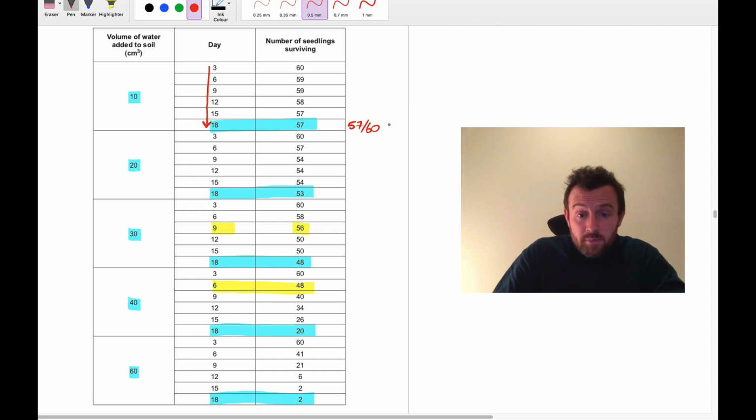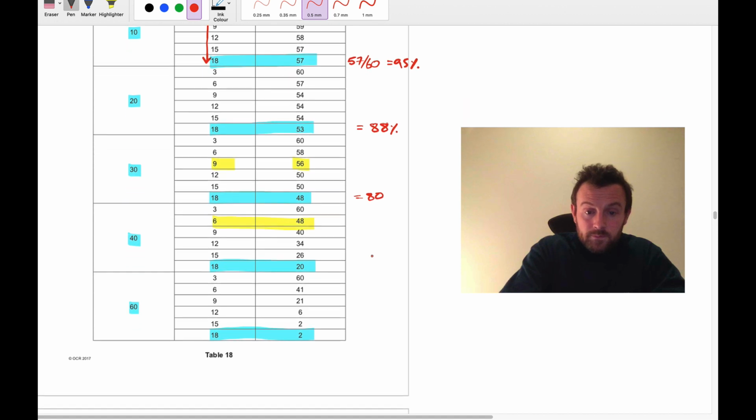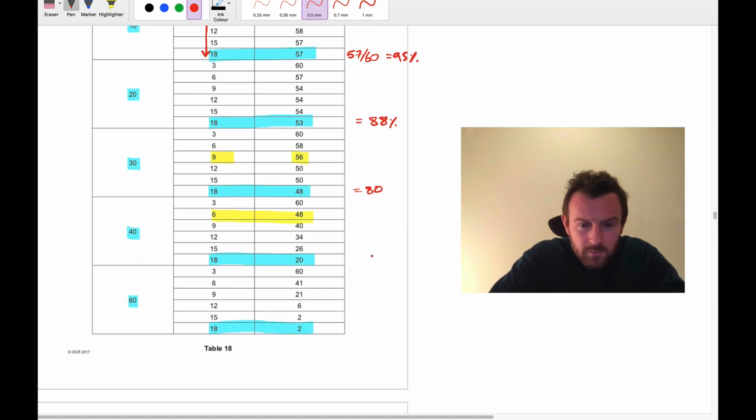That's 95% actually. And then let's do the next one, which is 53 out of 60. So this is 88%. 48 divided by 60 is 80%. 20 divided by 60.